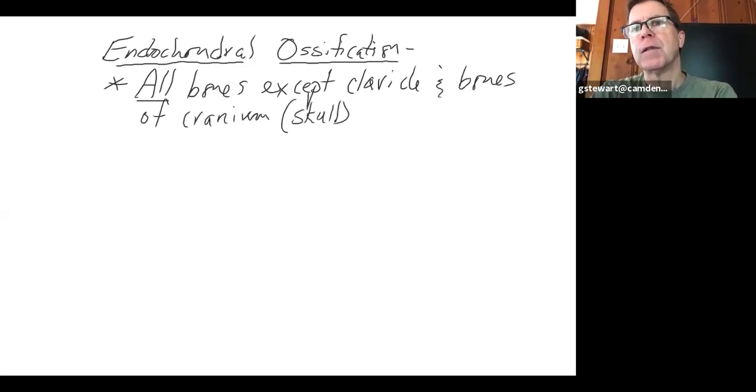So all bones in the human body use this process to embryonically or embryologically develop, except for cranial bones of the skull and the clavicle, the collarbones.